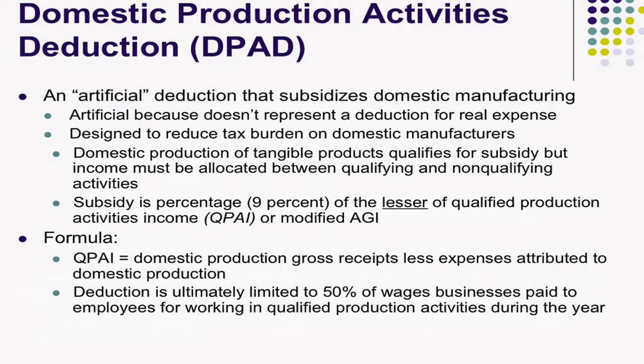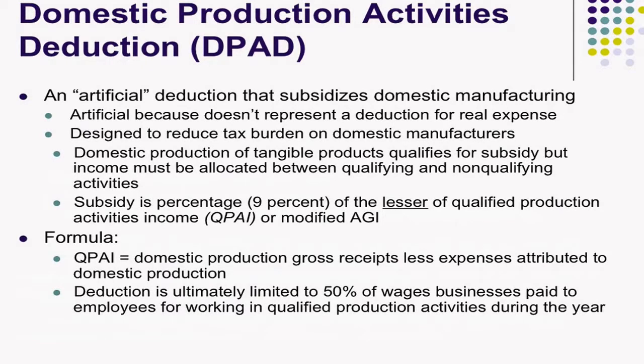Okay? What that really is, qualified production activities income, the QPI. A lot of acronyms here. DPAD, QPI. QPI is domestic gross receipts less expenses attributable to domestic production. Whatever that line is, then you take 9% of that. And this is where it becomes a pain to do QPI: if you've got employees, you also have to allocate part of their salaries to your production activities.